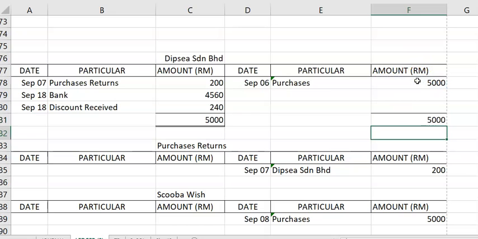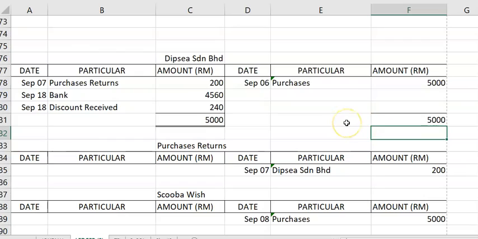Can you see that? 5,000. The total of the debit side of the Tipsy account is the same as the credit side of the Tipsy account. This means that this particular account does not have an ending balance, does not have a balance at all. So you do not need to calculate the balances.